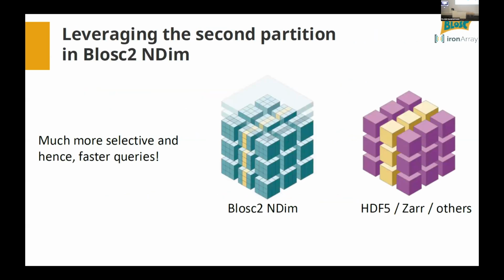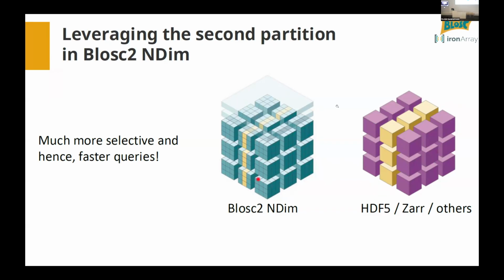So the idea of leveraging the second partition is that, contrary to typical chunked containers like HDF5 or Zarr or others that only have one level of partitioning, in Blosc2 we have two levels. So in case we're interested in getting just a thin slice of the data, we don't need to fetch the whole chunks.